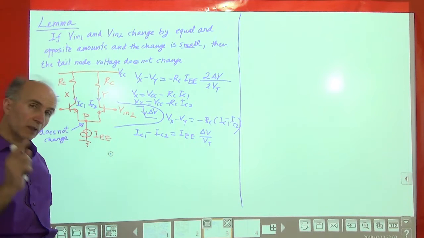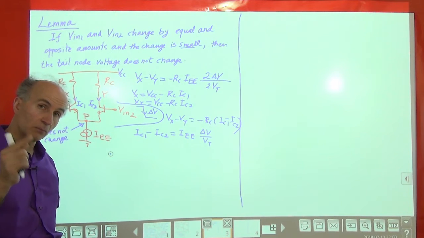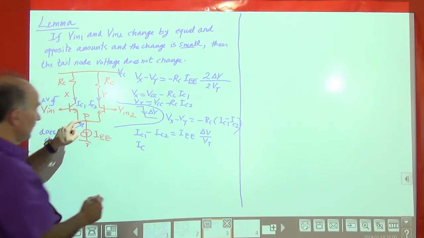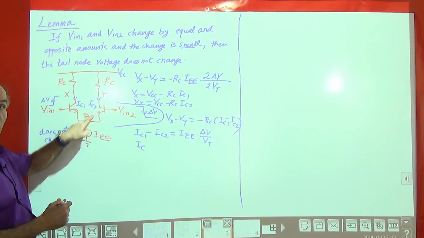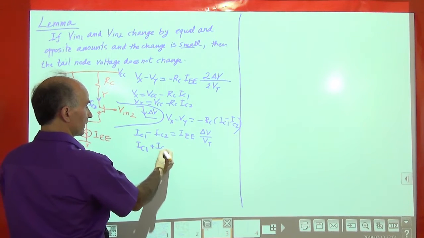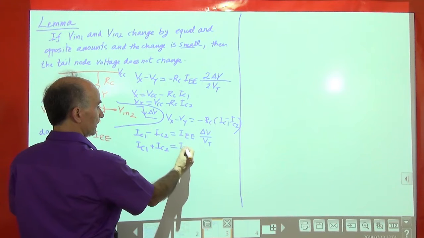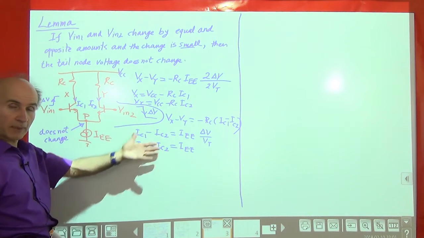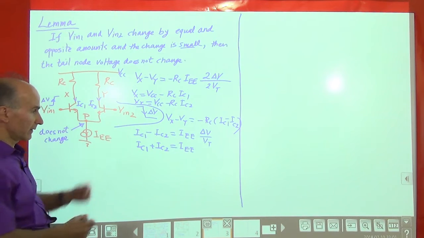Okay, I would like to find IC1 and IC2 by themselves. So I will also remember that the KCL at this node says that these two currents have to add up to IEE. So IC1 plus IC2 must be IEE. Okay, so we're going to add these up and divide by 2 and all that. We find IC1, right?